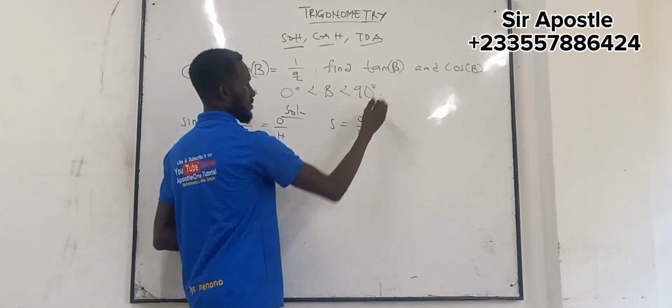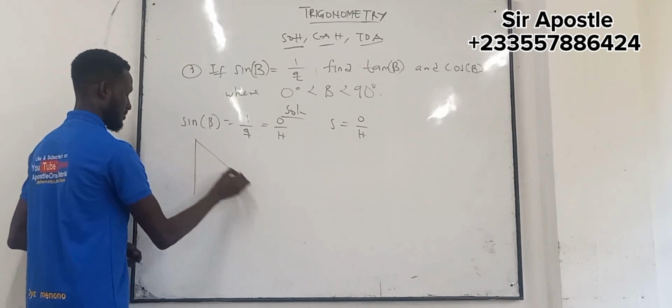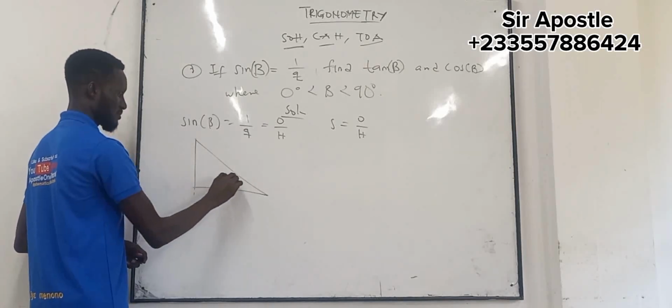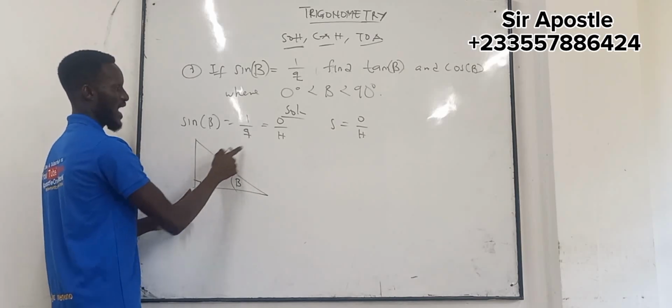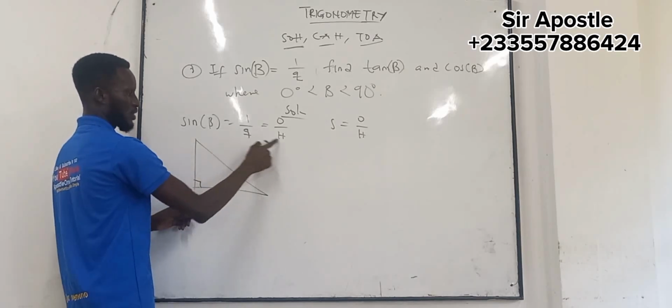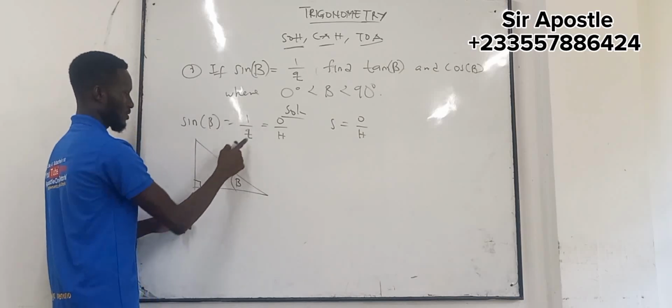So we have a right angle triangle like this. This is my angle B, and here is my hypotenuse, which is Q.